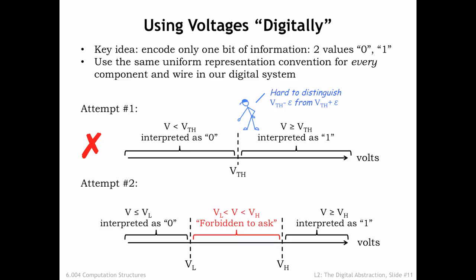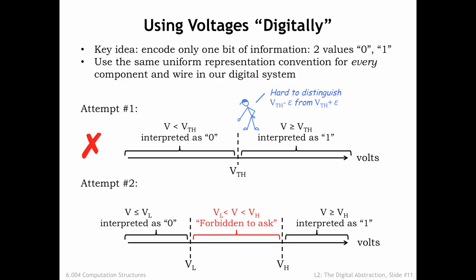How does this help? Now we can build a quick and dirty voltage-to-bit converter, say by using a high-gain op-amp and reference voltage somewhere in the forbidden zone to decide if a given voltage is above or below the threshold voltage. This reference voltage doesn't have to be super accurate, so it could be generated with, say, a voltage divider built from low-cost 10% accurate resistors.